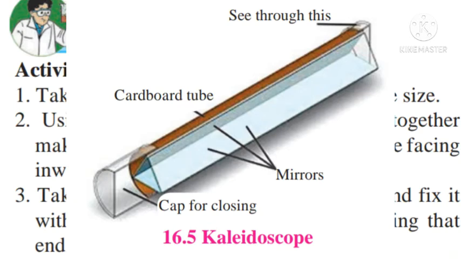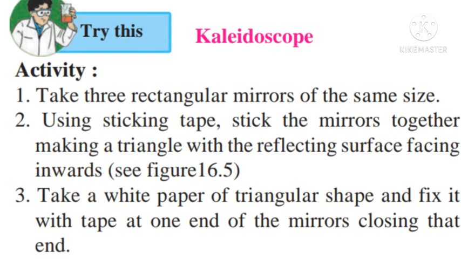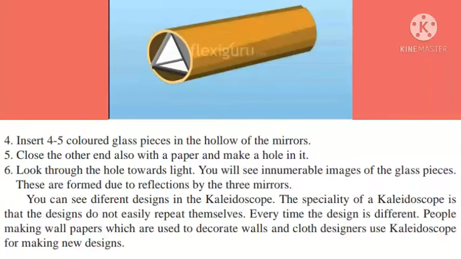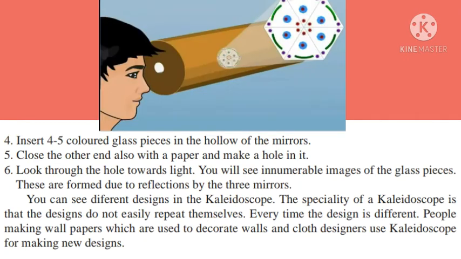Take a white paper of triangular shape and fix it with tape at one end of the mirrors, closing that end. Insert 4 to 5 colored glass pieces in the hollow of the mirrors. Close the other end also with paper and make a hole in it. Look through the hole towards light. You will see innumerable images of the glass pieces.